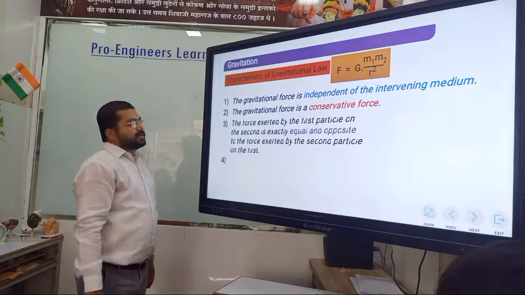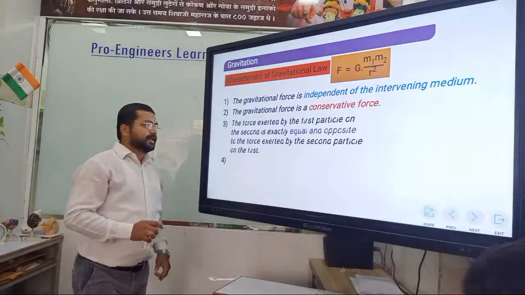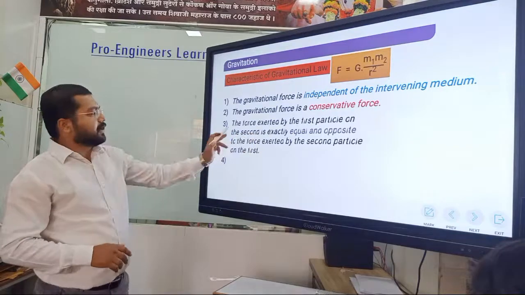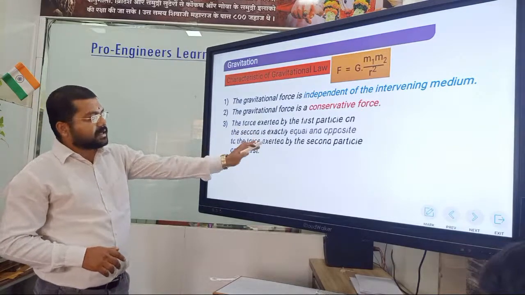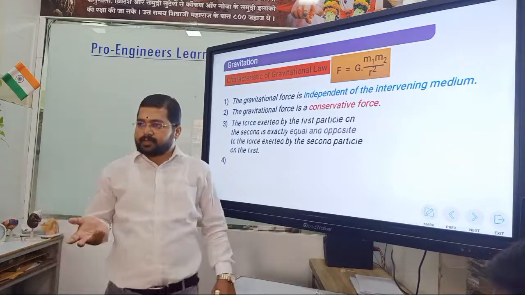The force exerted by the first particle on the second is exactly equal and opposite to the force exerted by the second particle on the first.